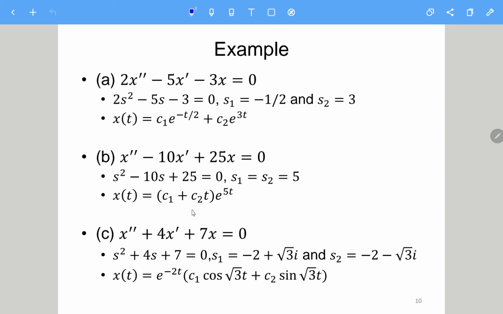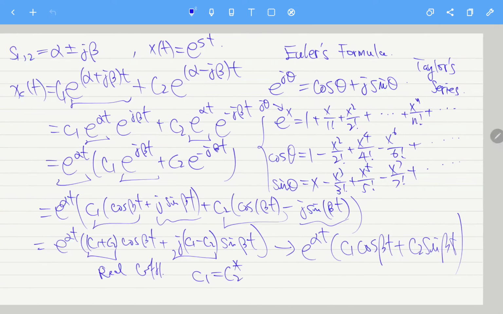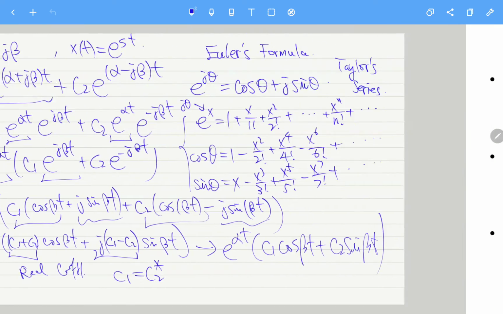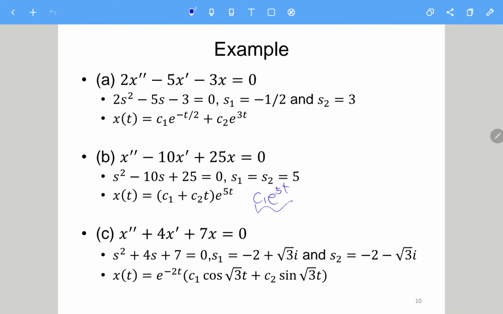Okay, so let me try to show why this C2 t will come out. So let me consider. So at least we should believe C1 exponential to 5t should be a solution, because according to here, we know C1 times exponential to s1 t is a solution. But why does a t come out?